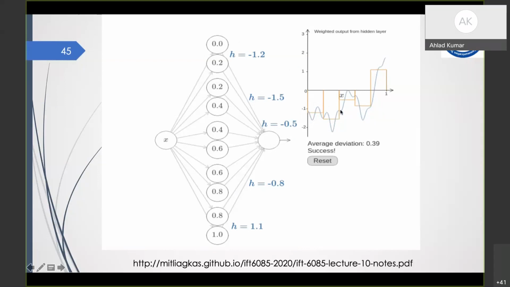So any curve can be computed using the neural network, through the universal approximation theorem. This is the basis of why we were motivated to solve partial differential equations, or any differential equation, using neural networks. This is the main motivation for going to that area.